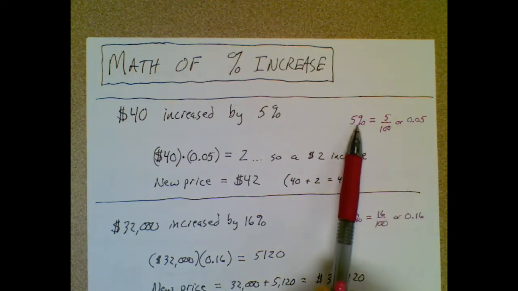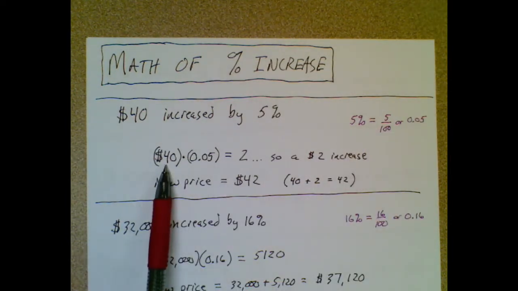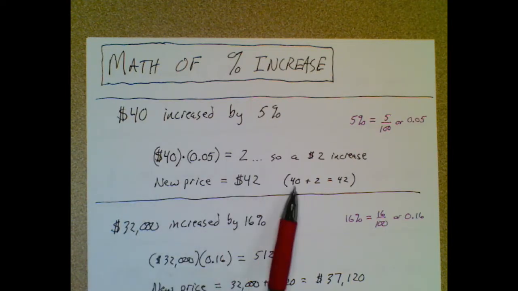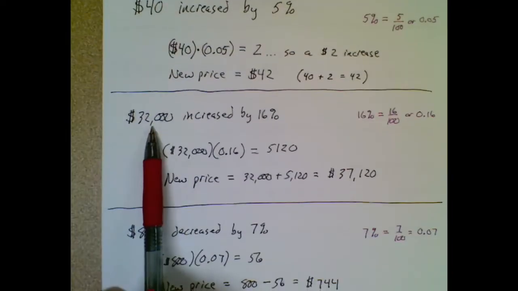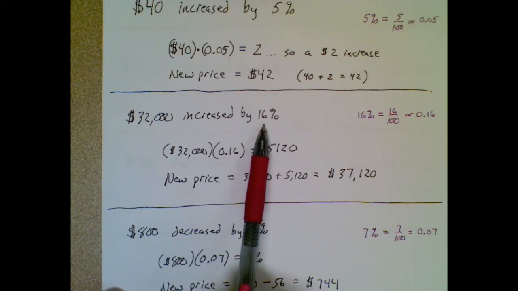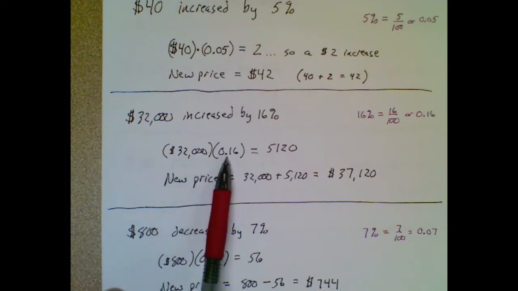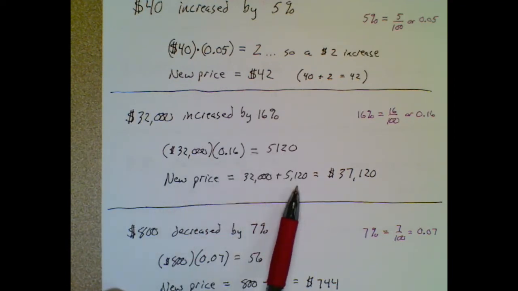So most people are good going from here to here. So what you do is you take your original $40, you multiply it by the percent, and you get $2. That means your $40 is going to increase by $2 for a $42 final price. 32,000 increased by 16%. 16% as a decimal is 0.16. 32,000 times that decimal gives me the 5,120, which is the raise in price.